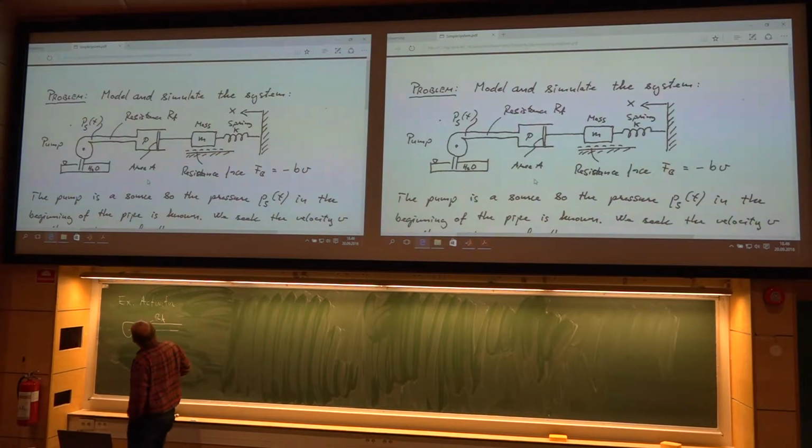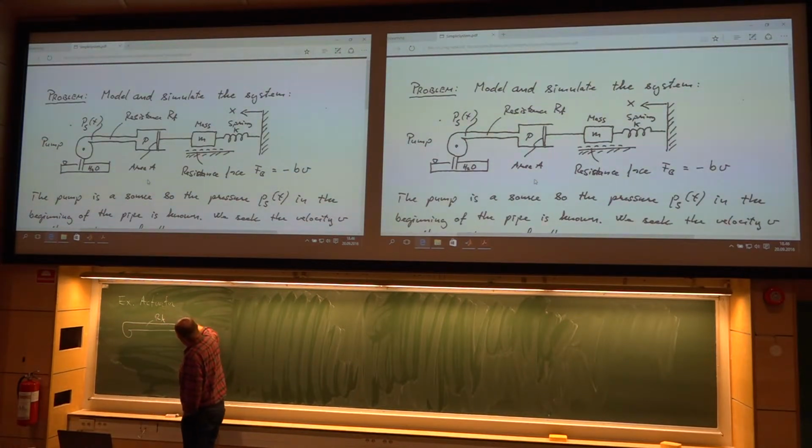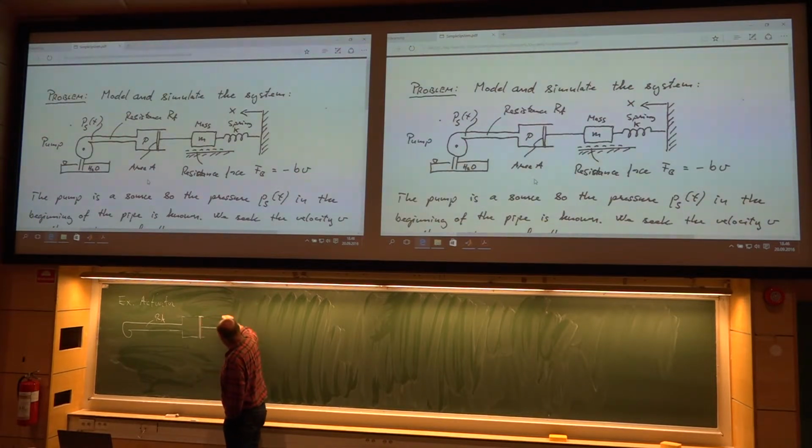Our fluid, and then a large cylinder, a piston, and then the mass here, M, hitting a spring, and then a solid wall. And here we have sliding resistance.